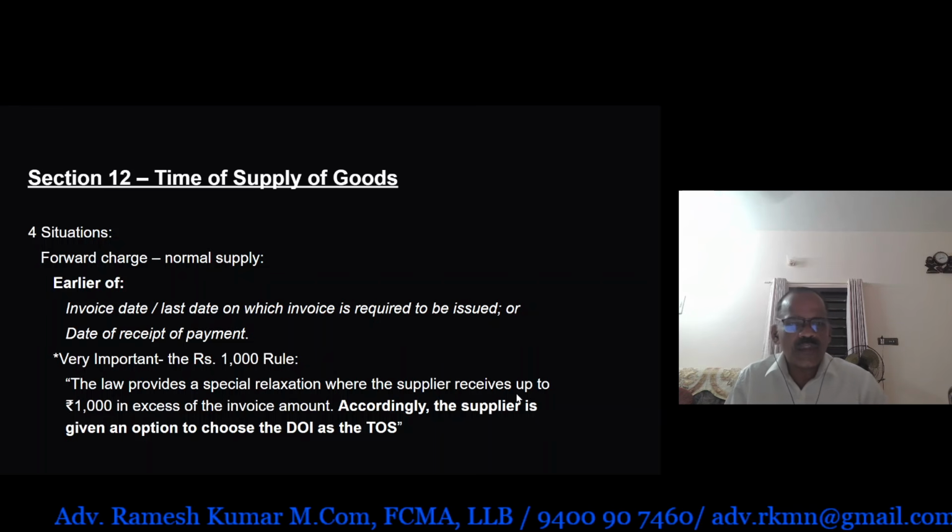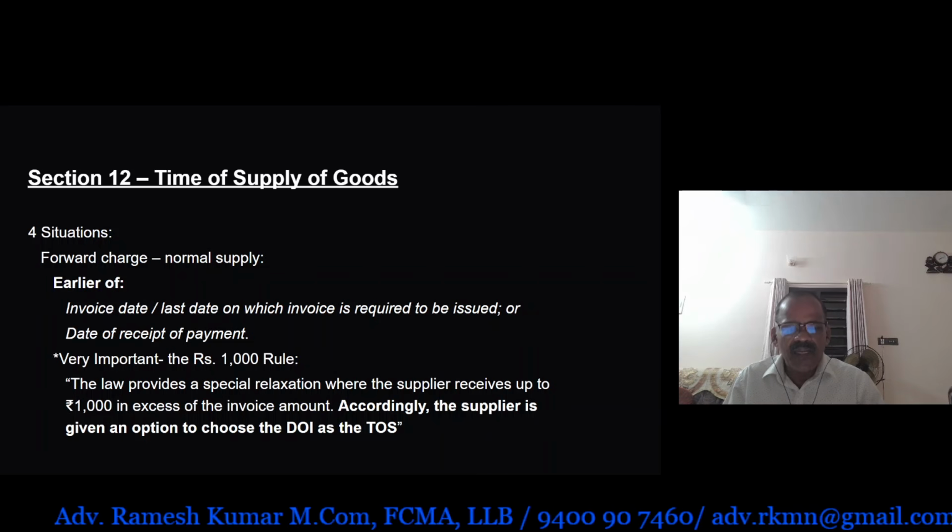Now let us come to section 12. It deals with time of supply of goods. For normal supplies, that is, supplies under forward charge, the basic rule is very simple.